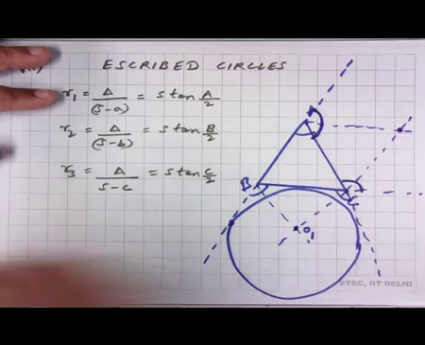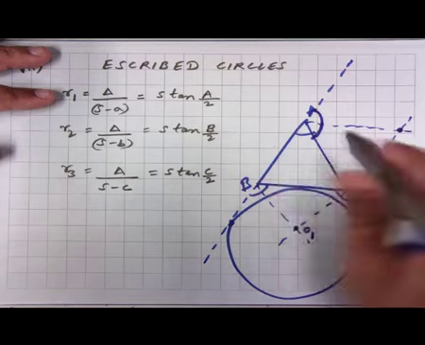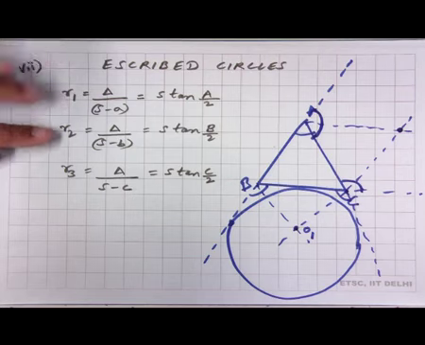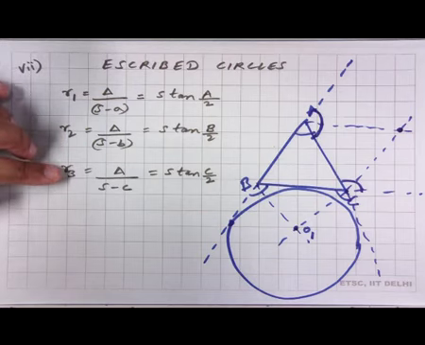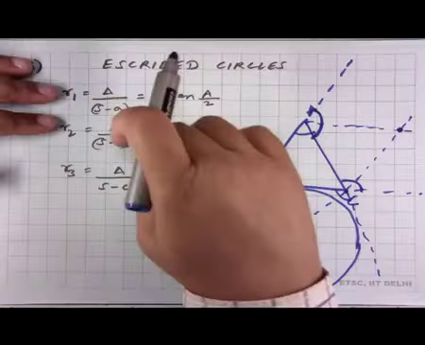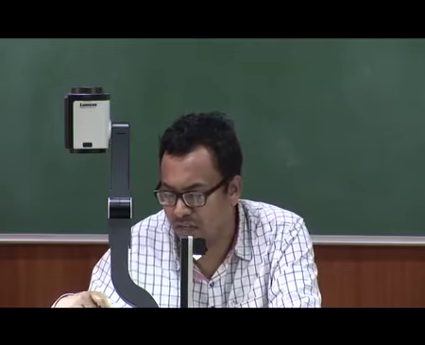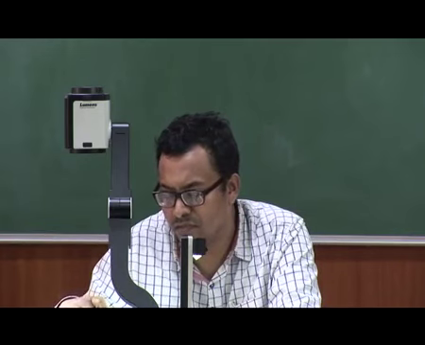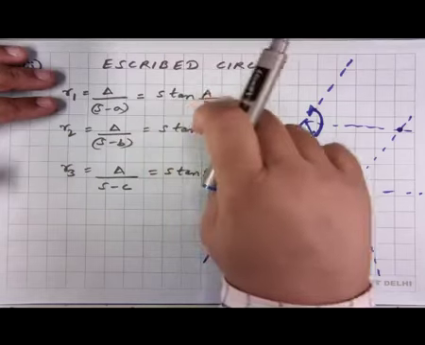This point will be the center of the escribed circle opposite to angle B, and the radius of that circle will be R2. Similarly, the radius of the escribed circle opposite to angle C will be denoted by R3. These expressions were derived in one of the previous lectures, and for example, for R1 we can show that R1 is also equal to s times tan A by 2.